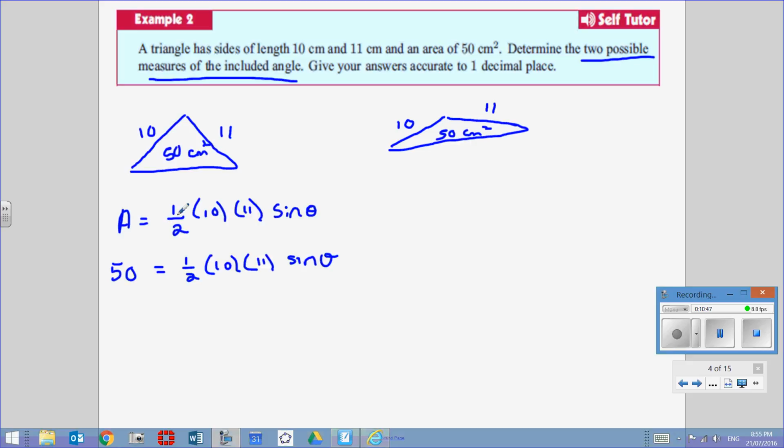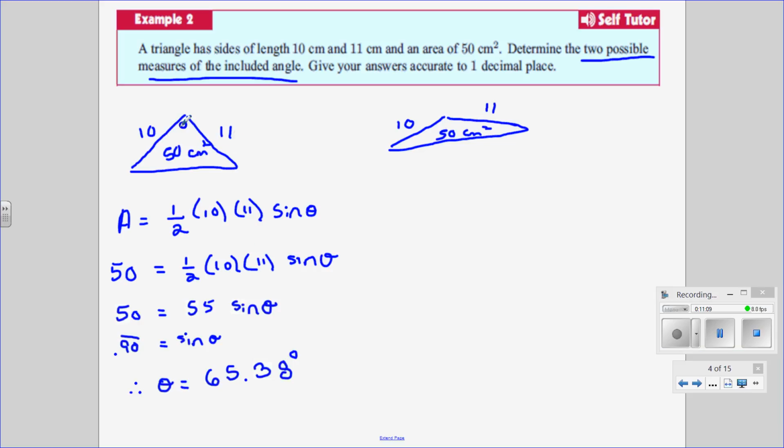So if our area is 1/2 the two sides multiplied by sine of the included angle, which we do not know, we're given the area, so I'm going to substitute the area as 50. Then my job here is just to isolate theta. Once I solve for theta, I get 65.38. That would be the angle for this acute triangle.